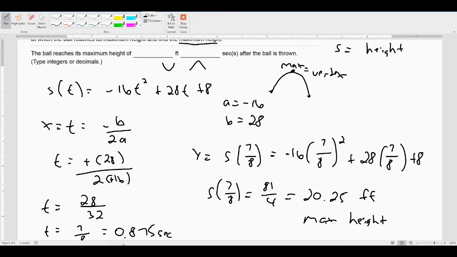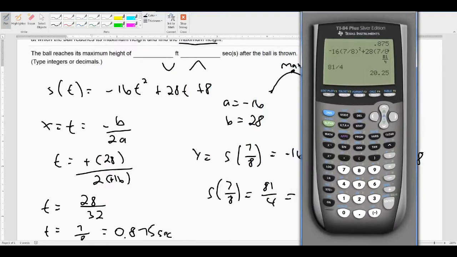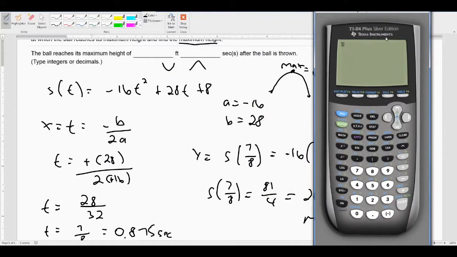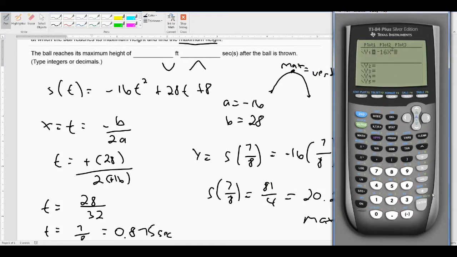And we can always use your calculator to verify this, looking at the graph. So go to y equals negative 16x, I have to use an x, squared plus 28x plus 8. Graph. What's the maximum?